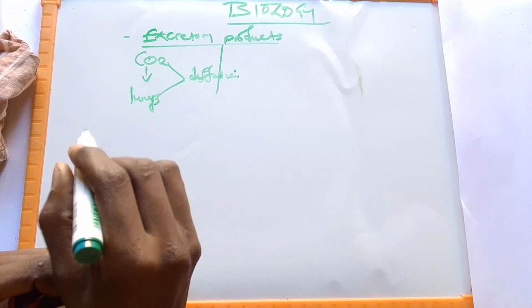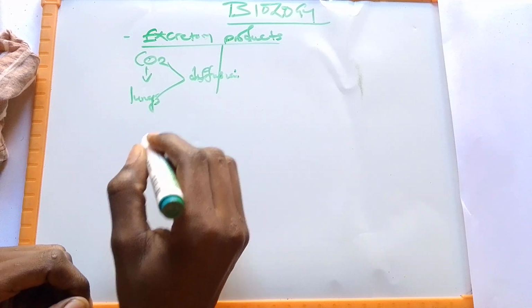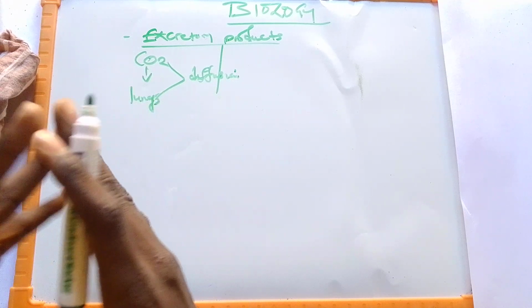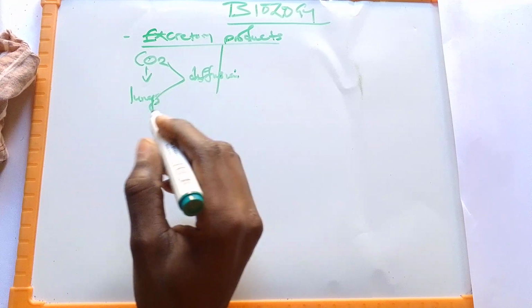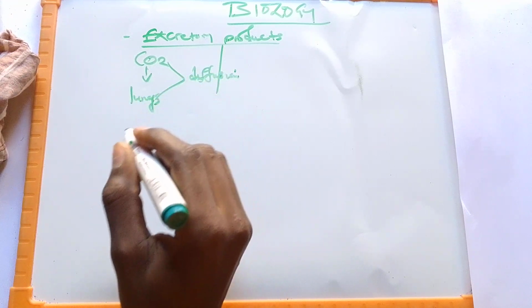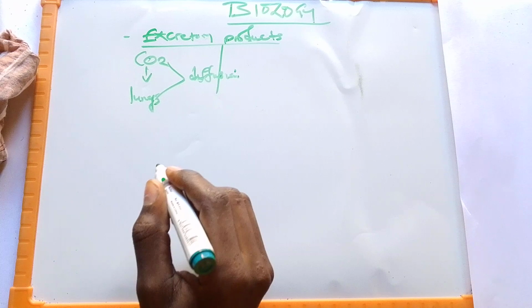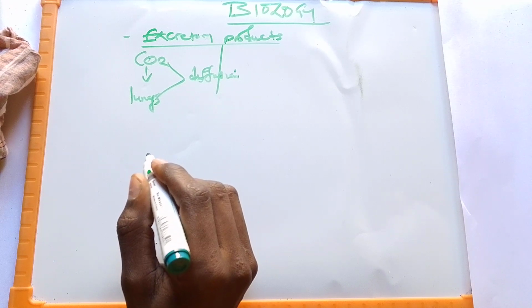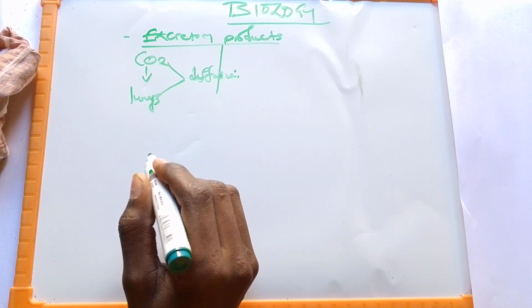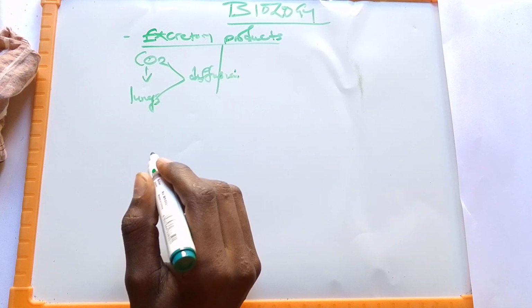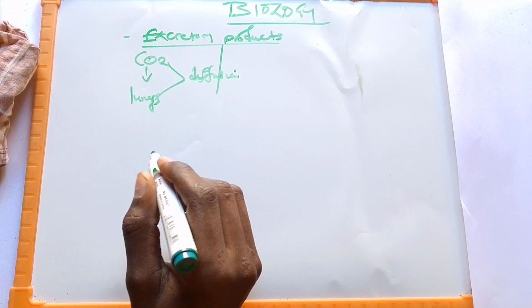Then apart from the carbon dioxide, the other product which is formed during respiration, of course, is water. So water is also a product which is excreted.